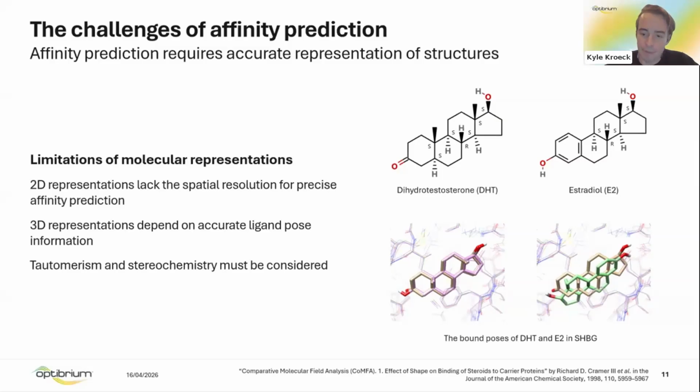As shown in the bound poses, these ligands interact with the protein in specific sensitive orientations that require accurate representation of their 3D structure, including tautomerism and stereochemistry. Ultimately, meaningful affinity prediction requires a physics-driven approach that understands the underlying physical phenomena of the binding site.